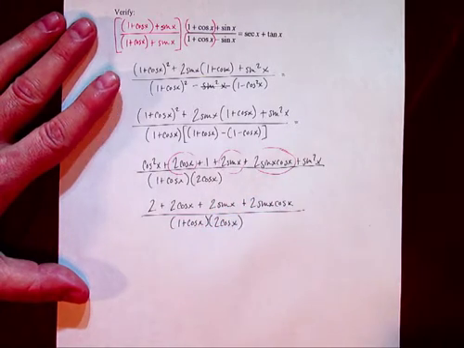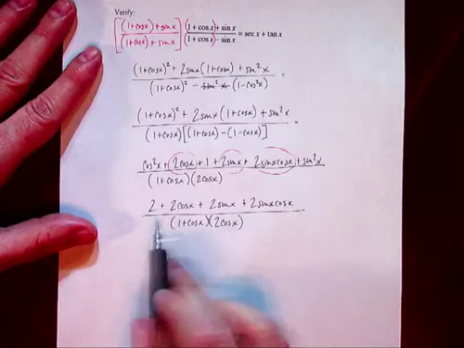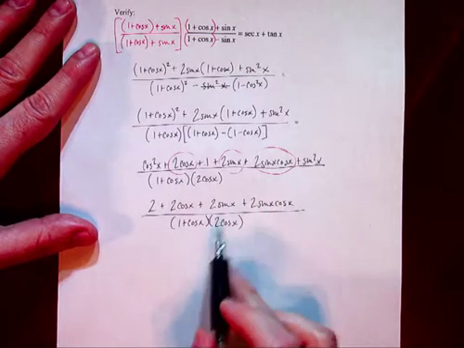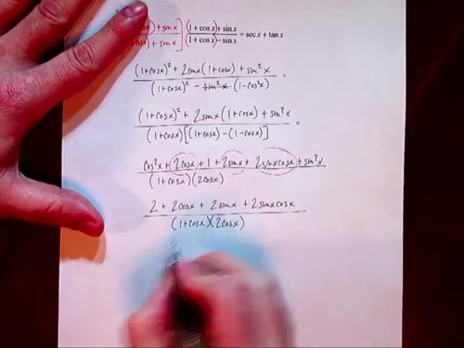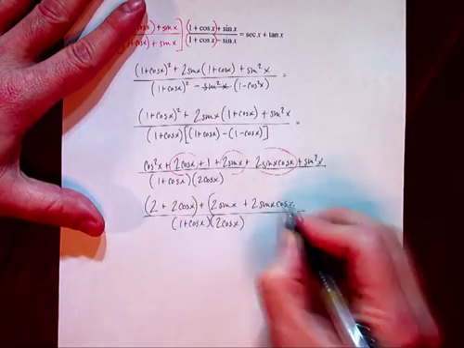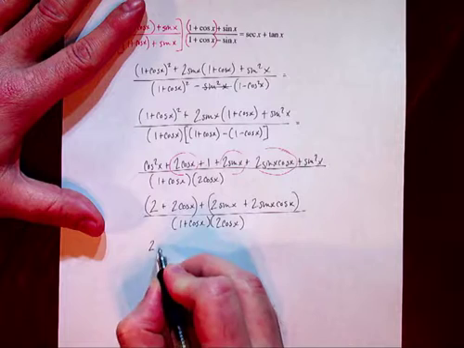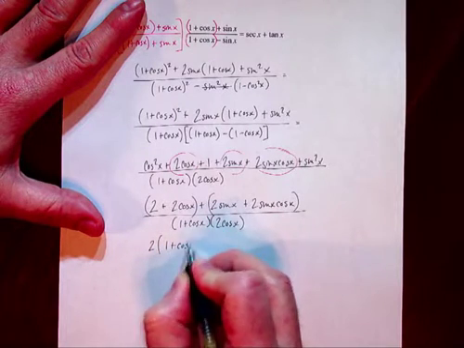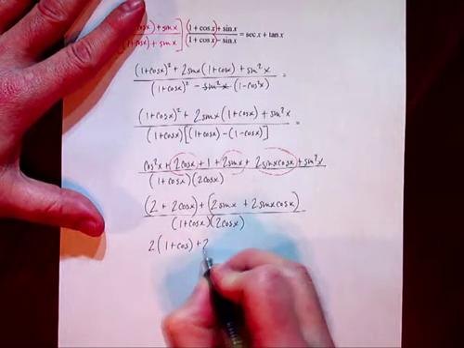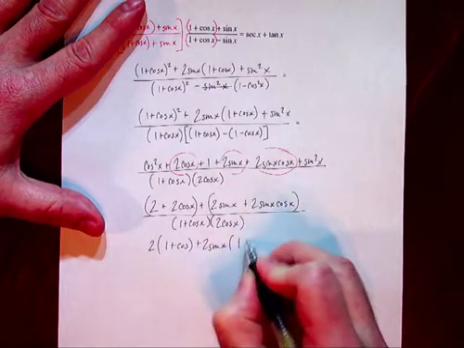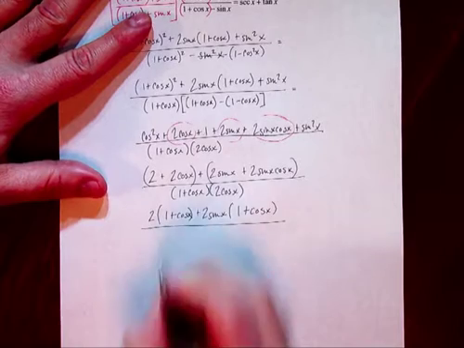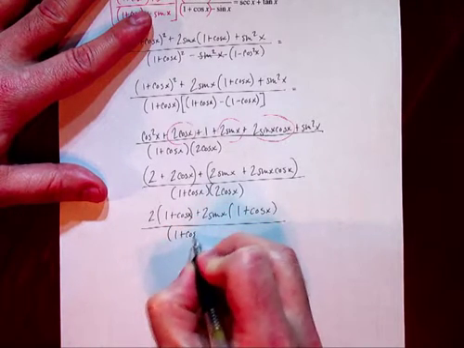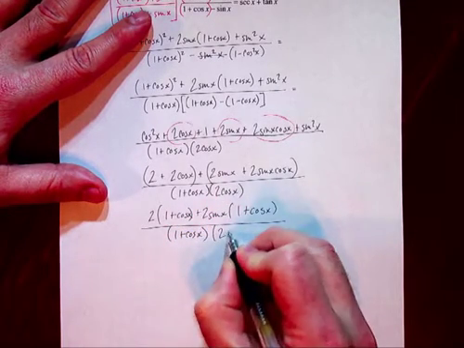Now, you can get rid of the 2 because 2 is going to be a common factor of the numerator and a common factor of the denominator, but let's wait on that right now. Now, I'm going to group these. The common factor here is 2, 1 plus cosine. The common factor here is 2 sine x, and I'm going to get 1 plus cosine x, and then 2 cosine x.